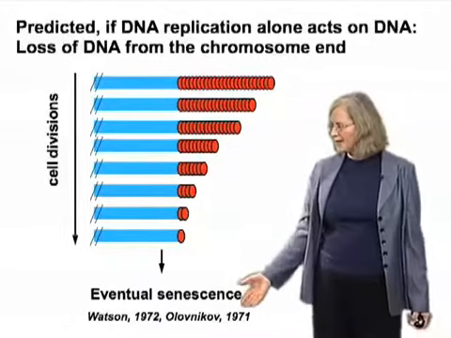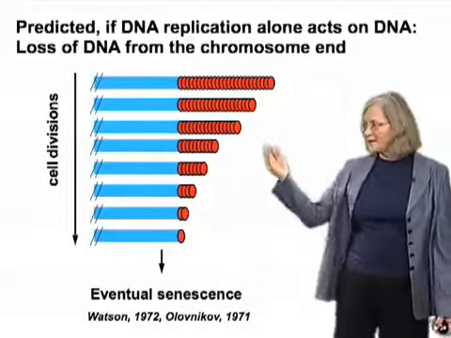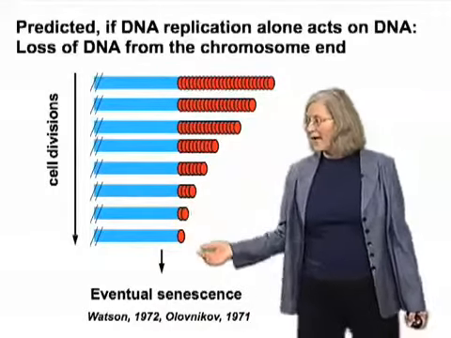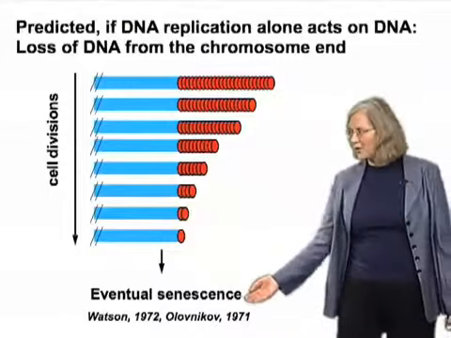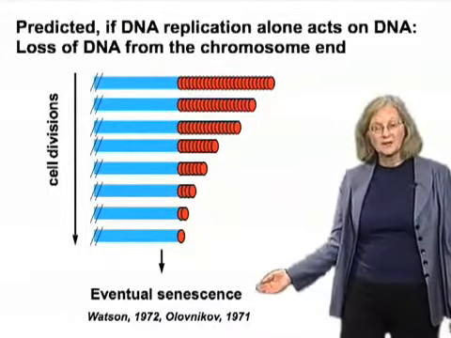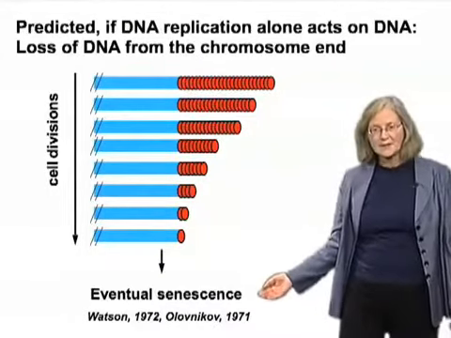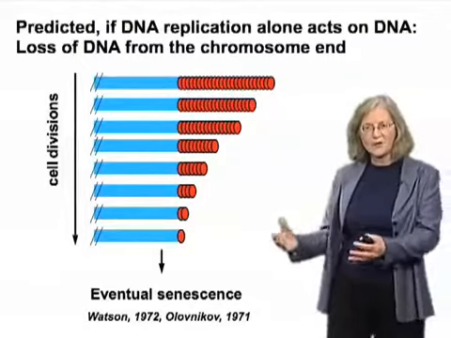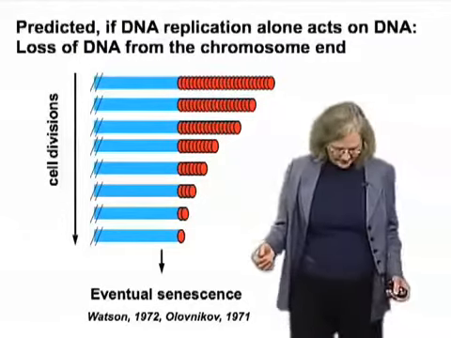This was a prescient idea because, in fact, it has been found to be one of the causes of why human cells cannot replicate themselves. The cells cannot proliferate indefinitely in culture.